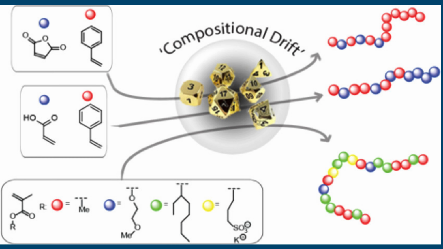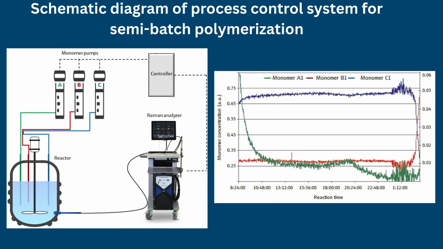Such heterogeneity is particularly undesirable in optical polymers, biomedical devices, and electronic materials where compositional consistency directly affects performance. To minimize composition drift, industrial polymerizations frequently employ semi-batch or continuous feed reactors in which the more reactive monomer is added gradually to maintain an approximately constant monomer ratio.